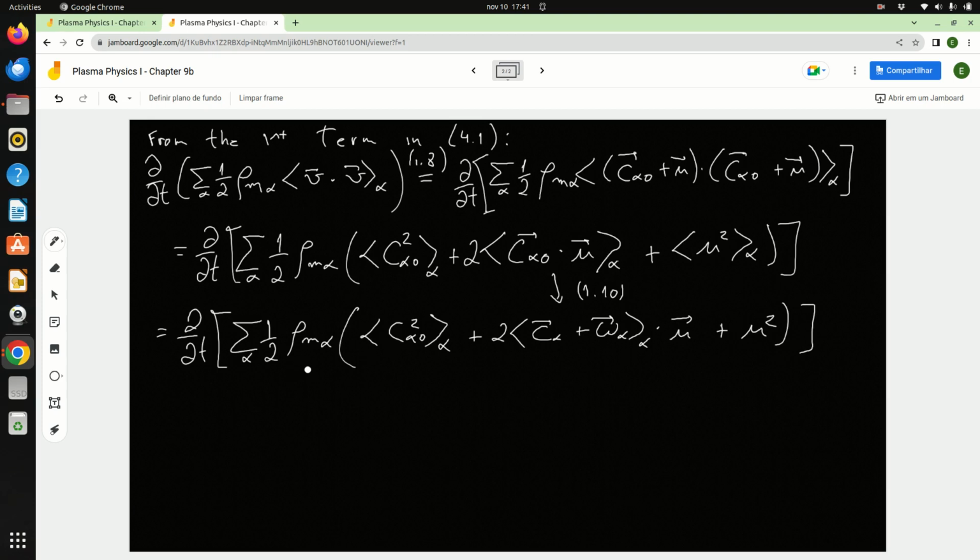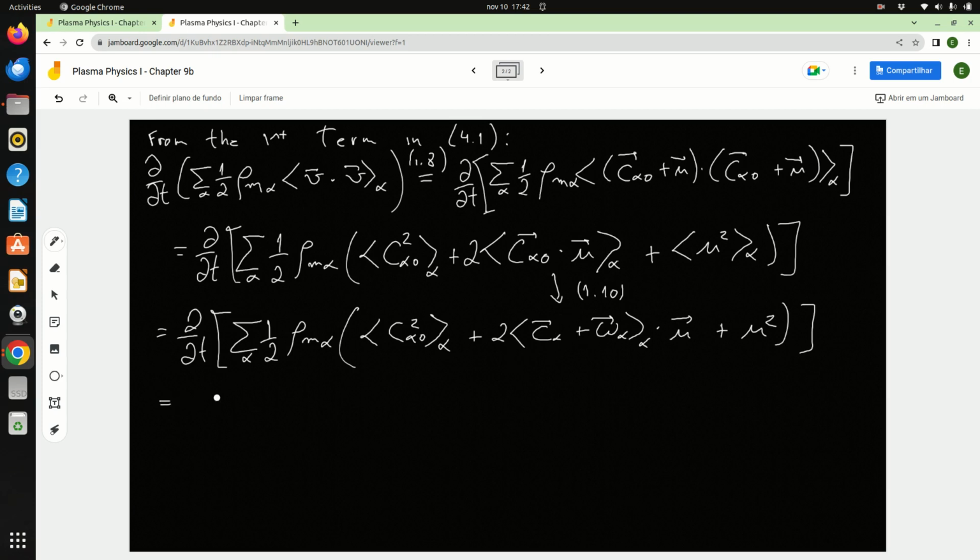And then if you compute this average, here you have the average in alpha of C alpha, but C is the fluctuation velocity. The average is actually 0, because the average of the fluctuation is 0.